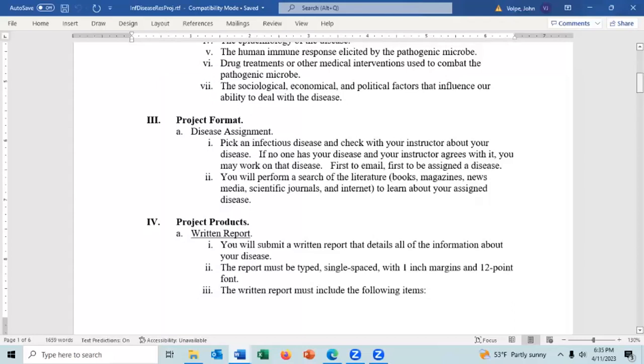For example, when somebody wants to do the flu, somebody can do influenza A, somebody else can do influenza B, and then a third person can do influenza C. So I do narrow it down so that you have a little bit more opportunity.